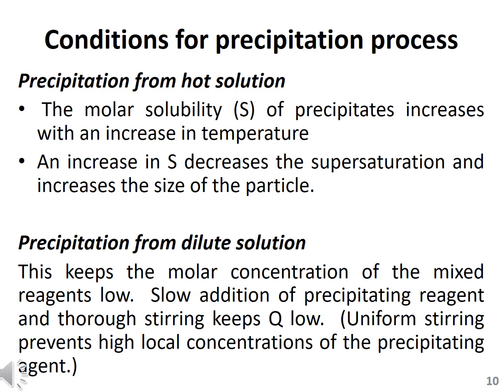So if you have a small amount of the solute in the solution, and then you react it against the precipitating agent, then you will have to stir it constantly. This actually prevents high local concentration of the precipitating agent. It means that the precipitating agent will be reacting more vigorously when you are stirring it at constant speed.